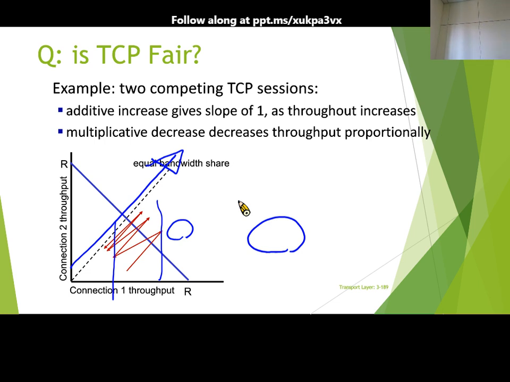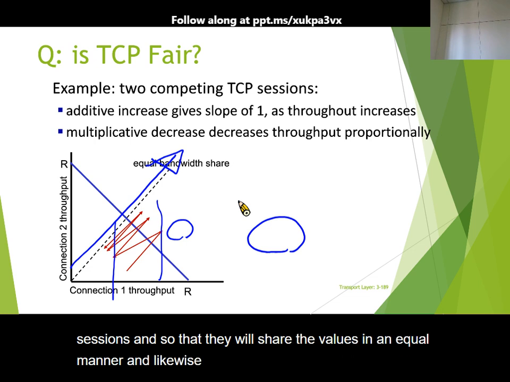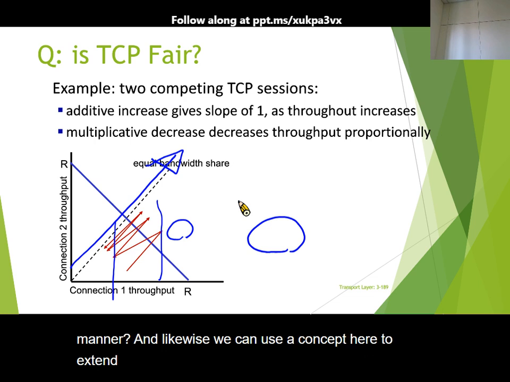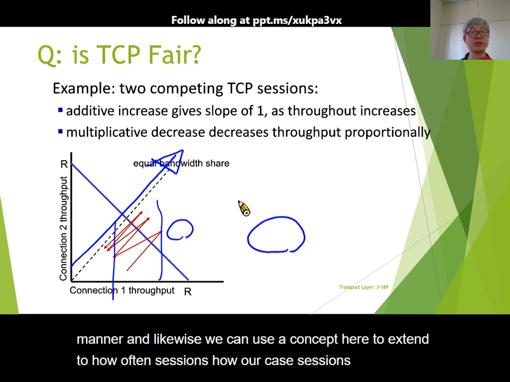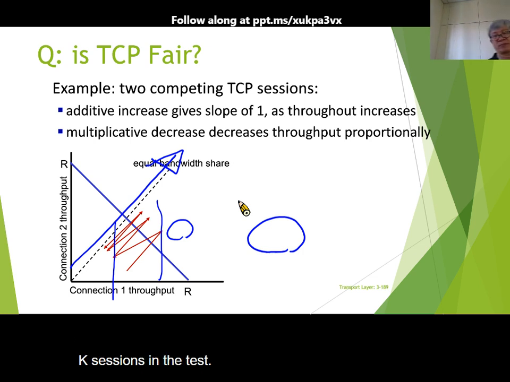So is it okay that if we consider two TCP connections, they will share the bandwidth in an equal manner? And likewise, we can apply the concept of the current example to the case of K sessions simultaneously.